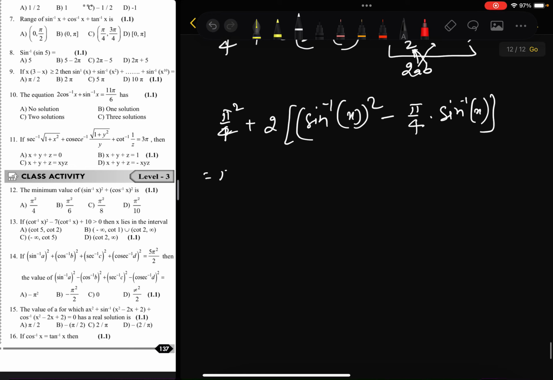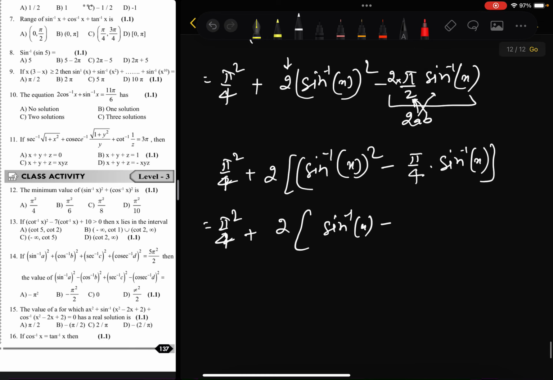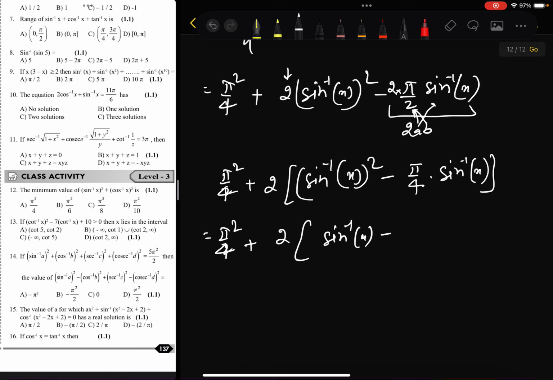Now we have to convert this into a perfect square. Pi square by 4 plus 2 times sine inverse x, and here minus pi by 4. I am multiplying by 2 and dividing by 2, so this will become pi by 8, so pi by 8 whole square.